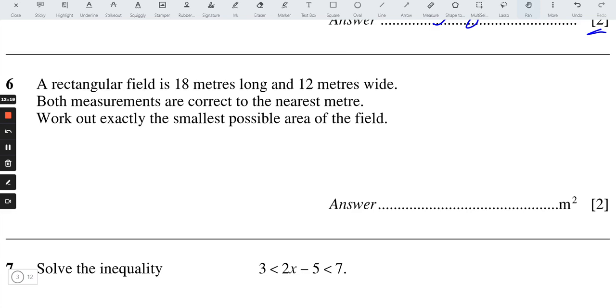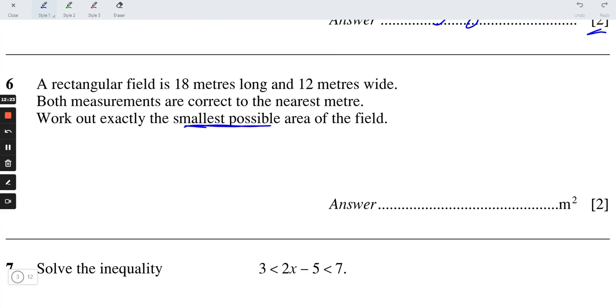So in this case they are asking about the smallest possible area. That means you should work with lower and upper bound. So using lower and upper bound to solve this question.